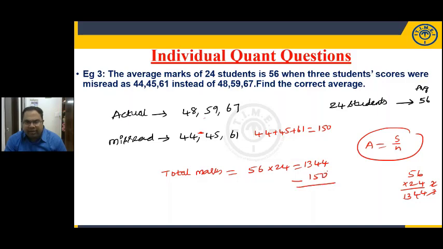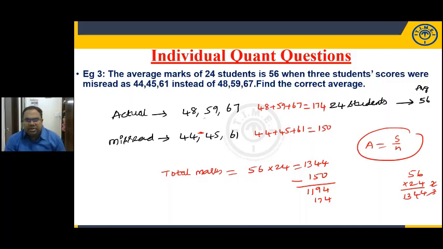If I remove 150, it will be 1194. Again, in this place, I have to add 48 plus 59 plus 67. So 48, 107, 174, I have to add. Correct one?